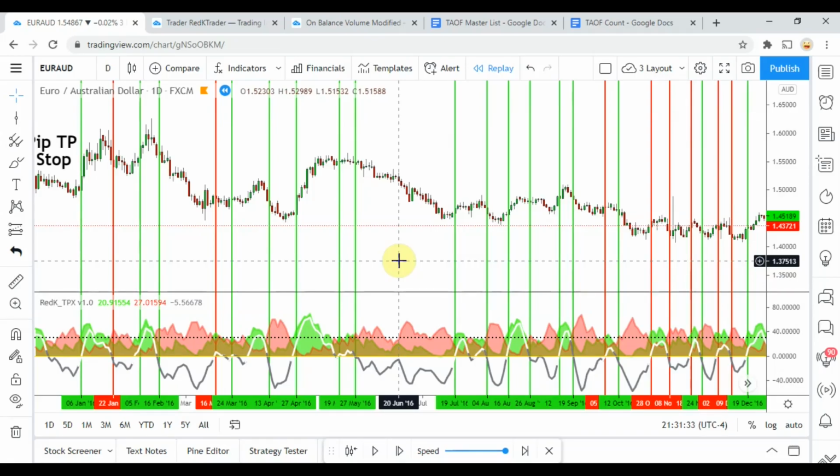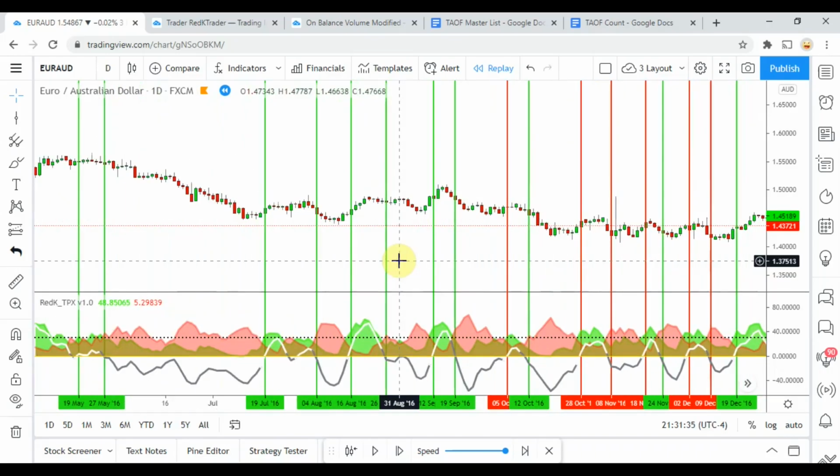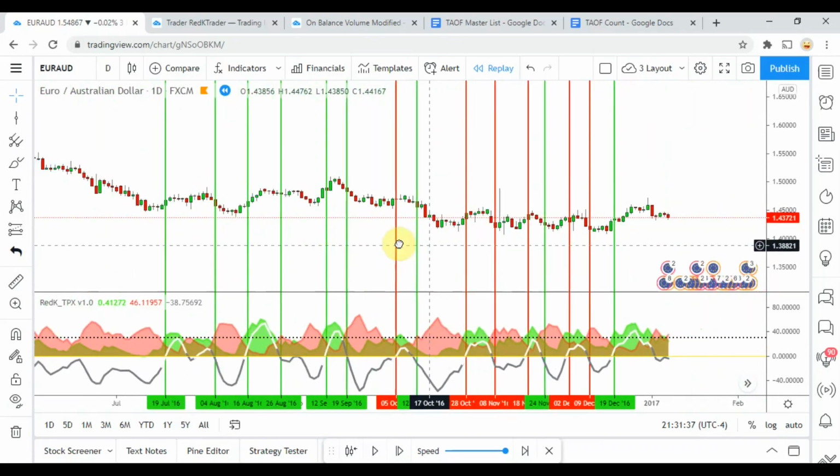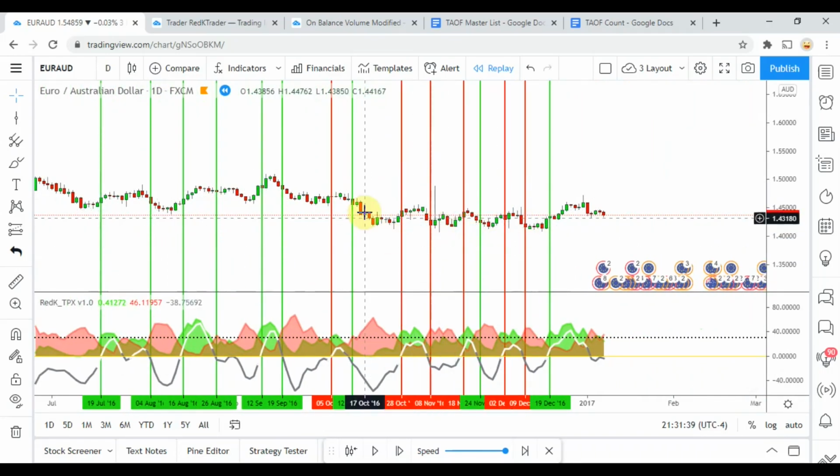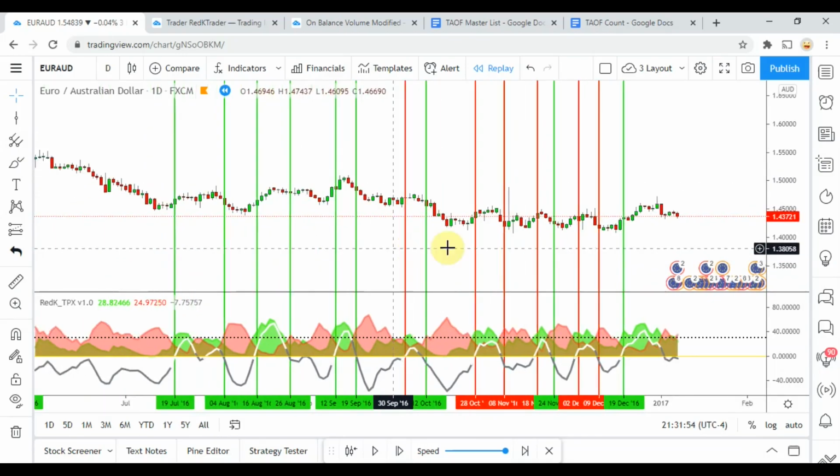So this one really accomplished some decent things, and really its only downfall was right in this area where it hit this choppiness. For whatever reason, it really wasn't able to filter out this consolidation right here, and it really took multiple losing trades back to back right here.